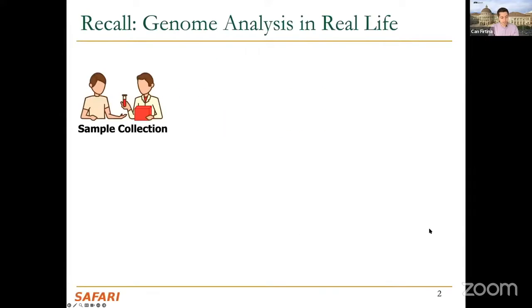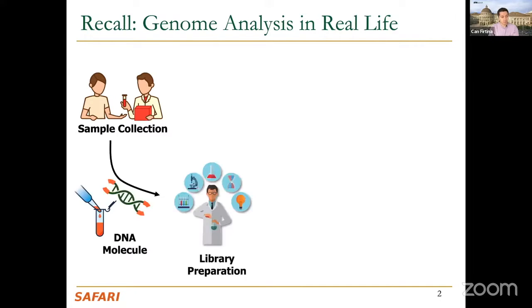So let's get started with recalling the main steps in the genome analysis pipeline that we covered last week. As you may remember, we start with a sample collection. This sample could be a blood sample or any sample that you can collect from a surface or essentially anywhere that may contain DNA, RNA, or other nucleic acid molecules.